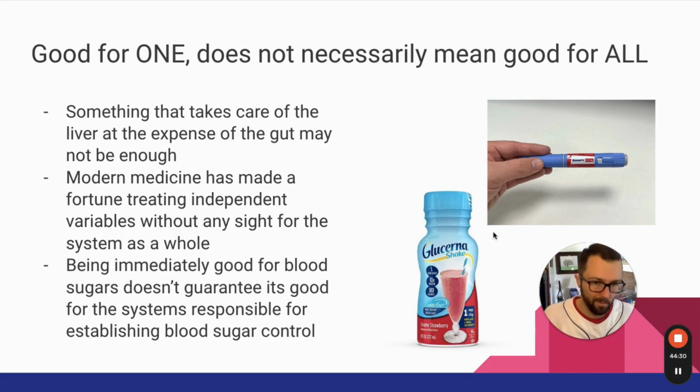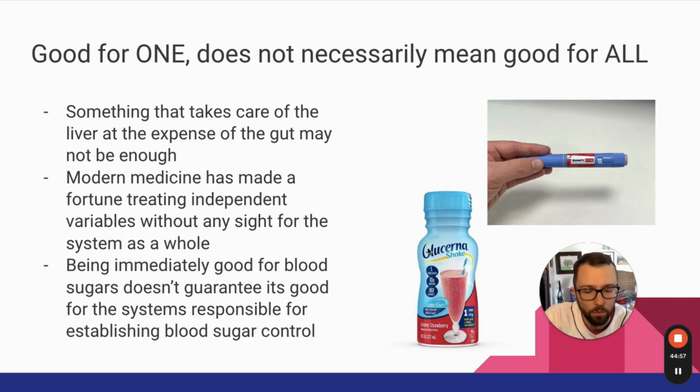So like Glucerna shakes, all of the shit nutrients in it, the polyunsaturated fatty acids, the preservatives, the dyes, the artificial flavors. Blech. So being immediately good for blood sugars doesn't guarantee it's good for the systems responsible for establishing blood sugar control.